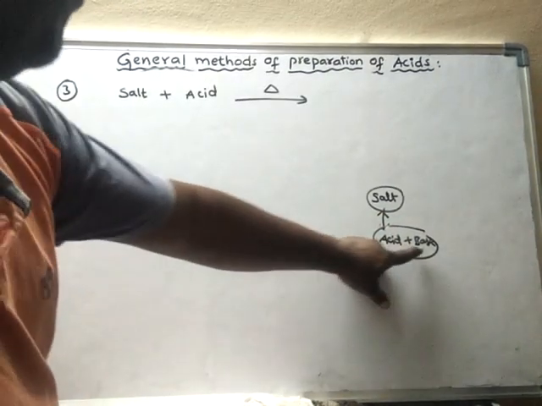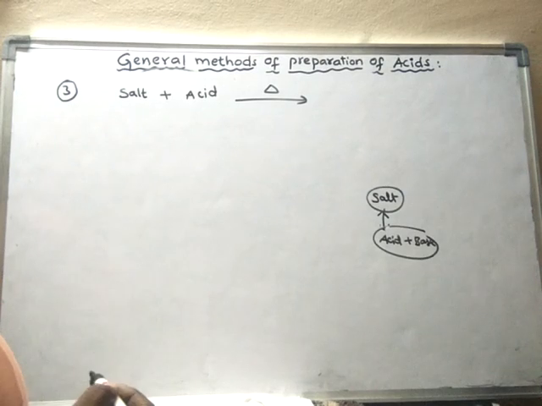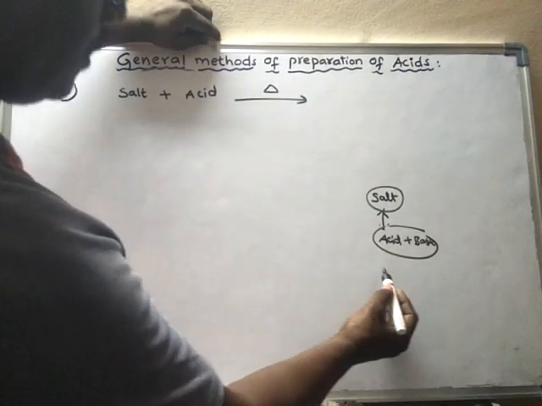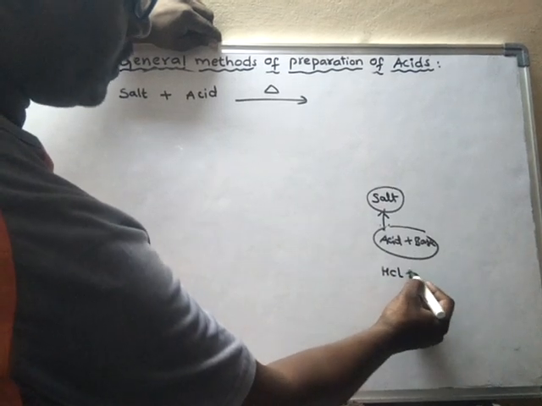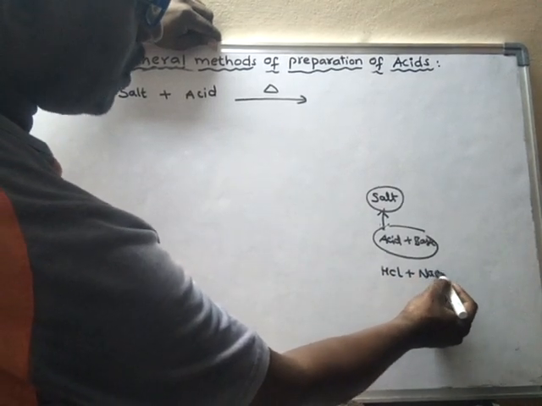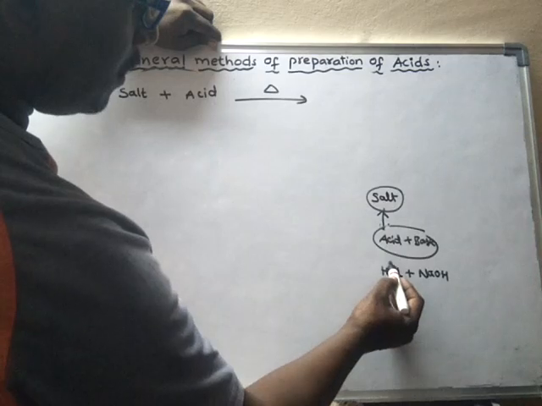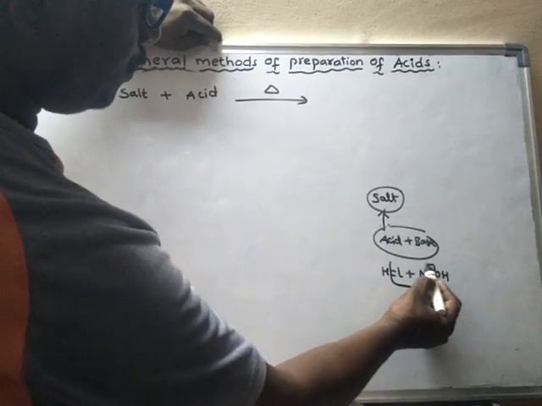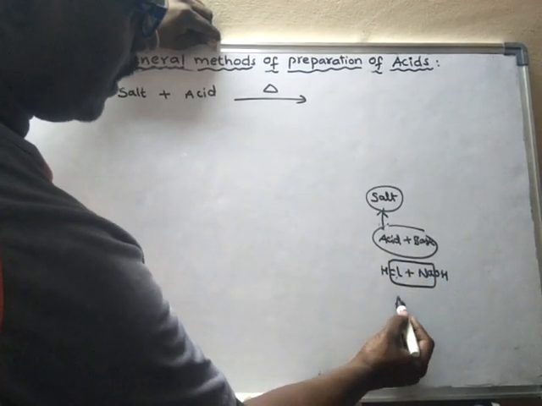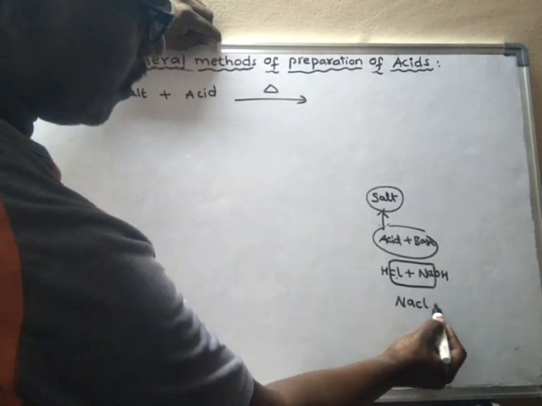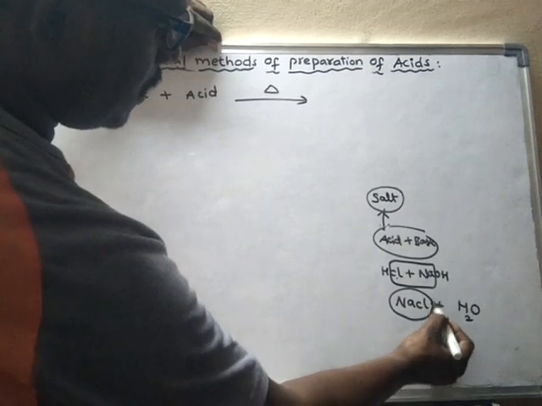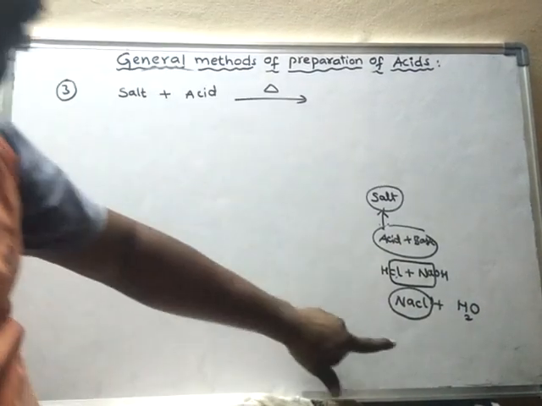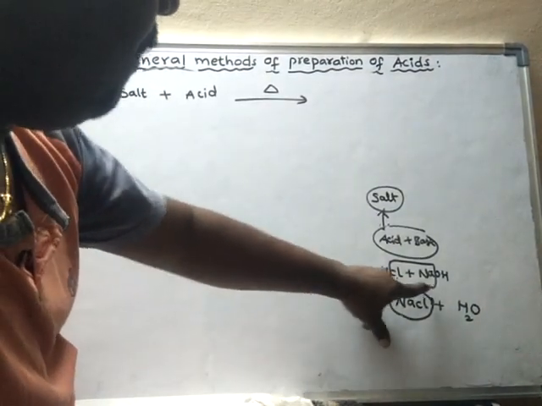For example, if you take HCl and the base NaOH, they form NaCl salt plus water. So this salt is obtained from an acid and a base.